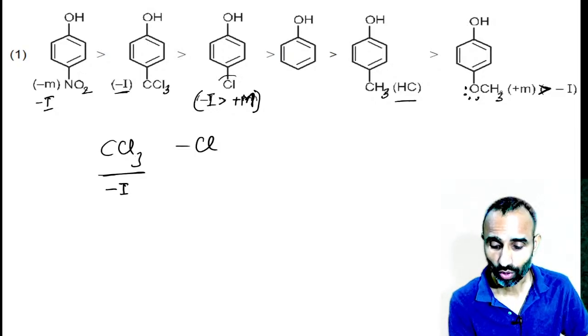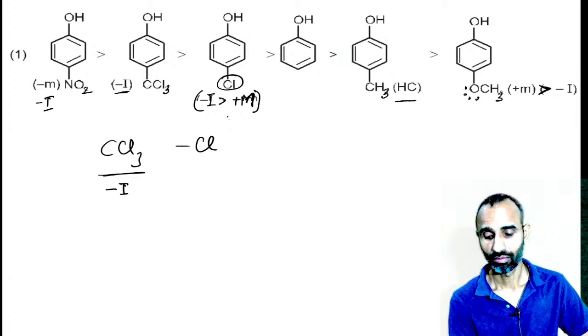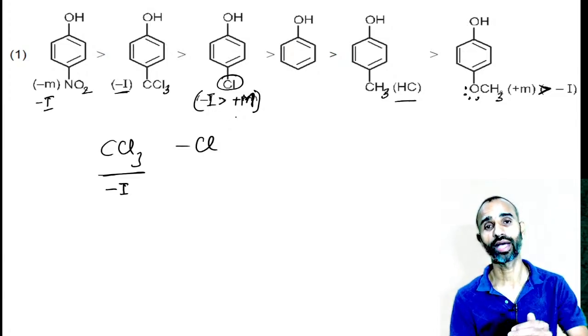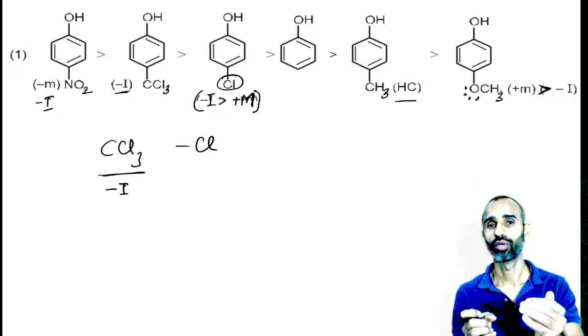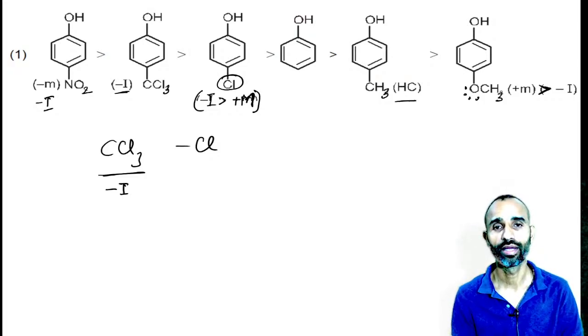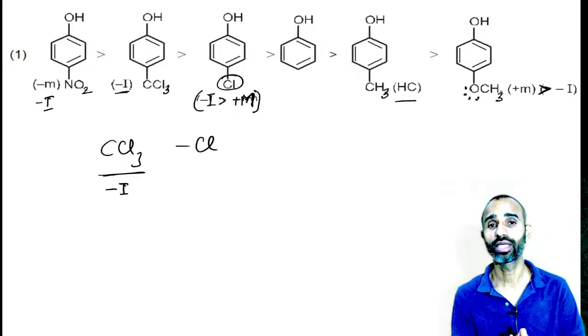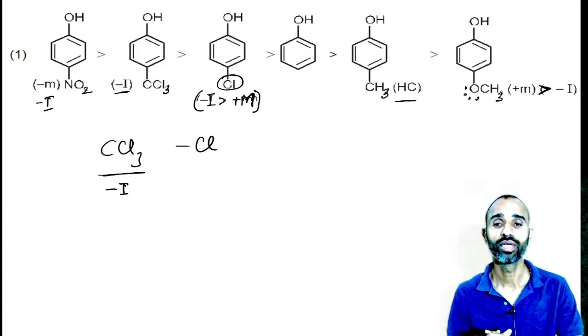Chlorine is directly attached to the ring, but at the same time it has plus M effect, which compensates for minus I, and that's why CCl3 is more electron withdrawing, has more minus I effect than Cl itself.